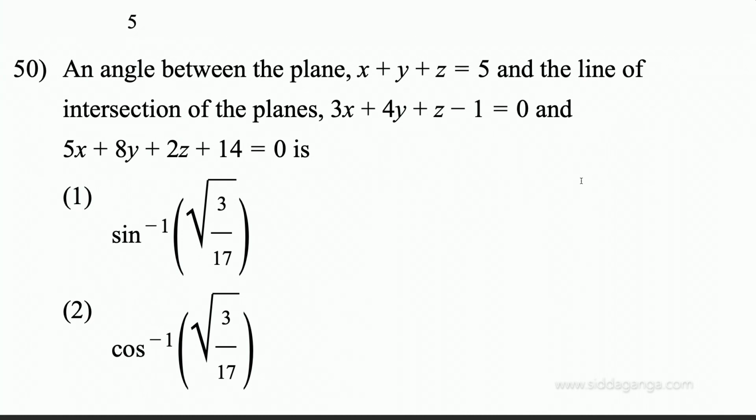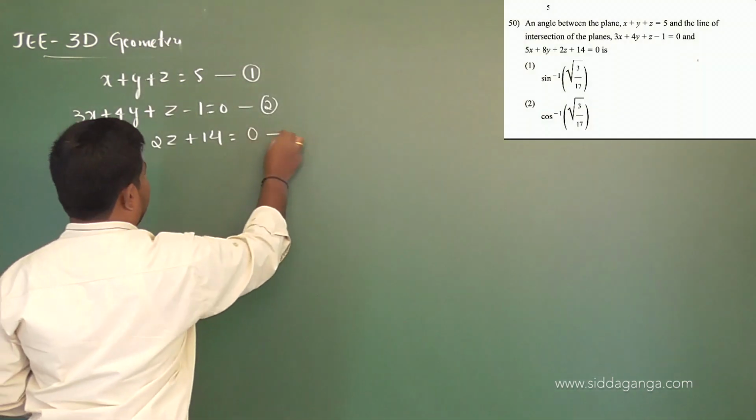You take it as plane 1, and the second plane is 3x plus 4y plus z minus 1 equal to 0, take it as equation 2. And the third plane 5x plus 8y plus 2z plus 14 is equal to 0, take it as equation 3.